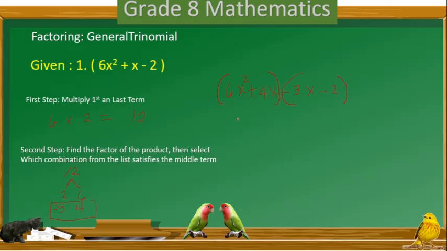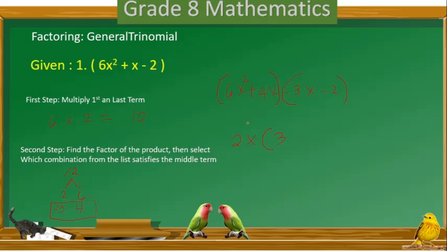Then group, then find the greatest common factor of this. 6 and 4. What is the greatest common factor of 6 and 4? 2. How about x squared and x? X. As I said, in selecting the greatest common factor of a variable, it should be the least exponent value. Then 6 divided by 2, that is 3.